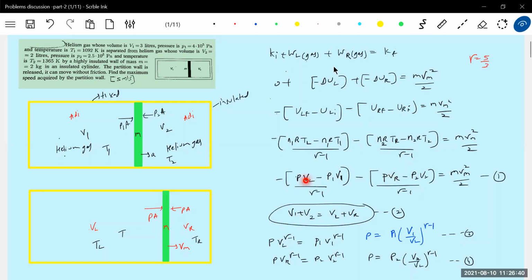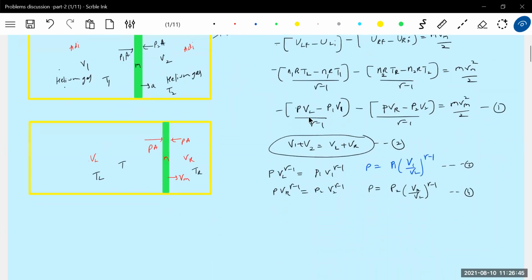I think you can replace that here too. I can simplify this: replace VL in terms of P, sending gamma minus 1 to the other side. PVL you can replace with this equation, and similarly PVR with this equation. Then you have the total equation in VL and VR.